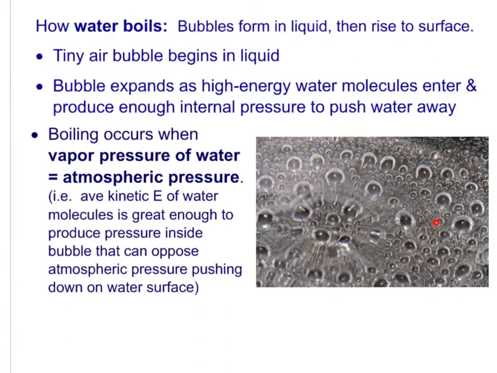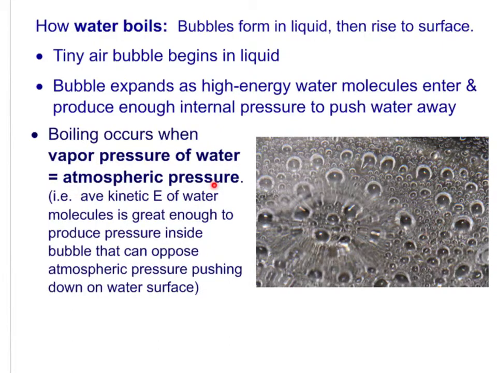Water molecules that have a lot of energy, they're traveling fast, they have a lot of kinetic energy, they're able to enter into that bubble and produce enough internal pressure to push the water away and expand that bubble. Boiling then takes place when the vapor pressure of the water is equal to the atmospheric pressure.